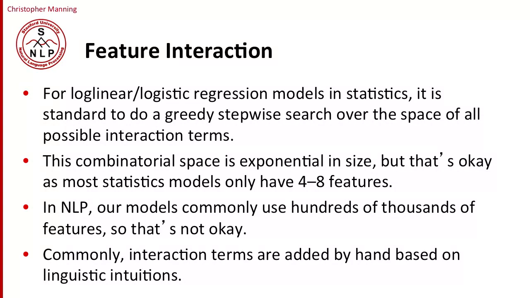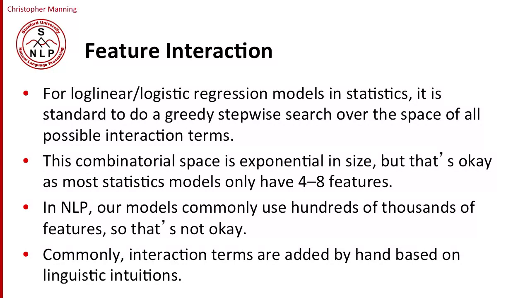So inside statistics, when you're looking at logistic regression models, and maximum entropy models are basically equivalent to multi-class logistic regression models, what it's standard to do is a greedy stepwise search over the space of all possible interaction terms.